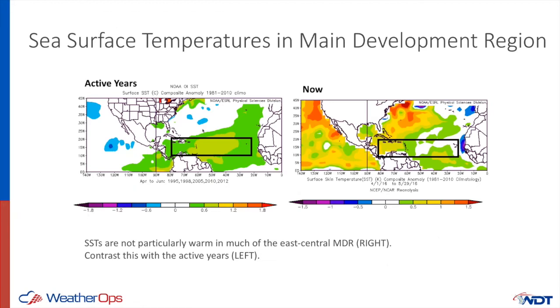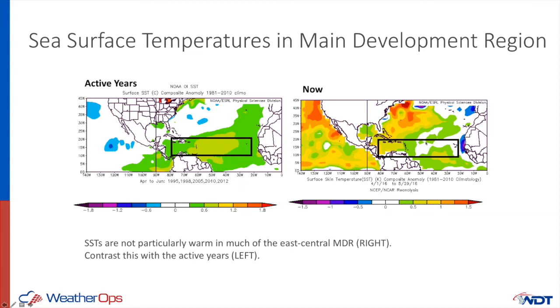Moving on, let's look at some of these factors. Sea surface temperatures, compositing on the most active years in the recent era, meaning about the last 20 years. Not surprisingly, going into that season, April to June, you tend to see very warm sea surface temperatures with departures of at least 1.5 degrees Fahrenheit, or a little over a half to a degree centigrade, over what's called the main development region, which I've annotated in a box.